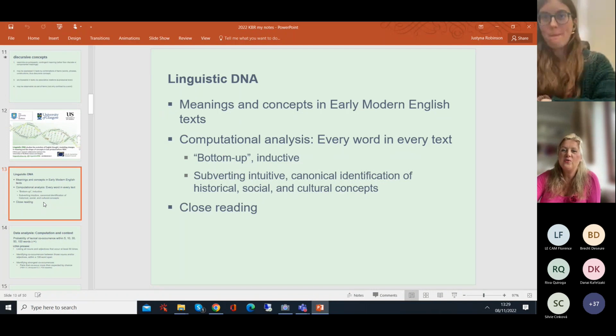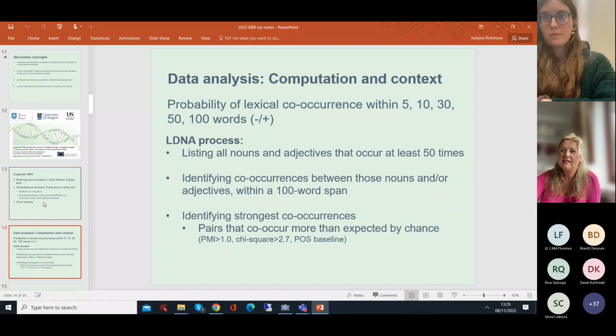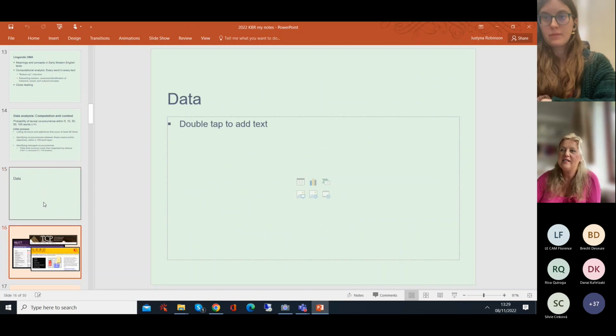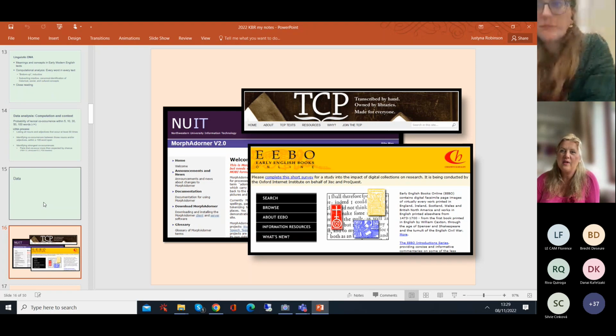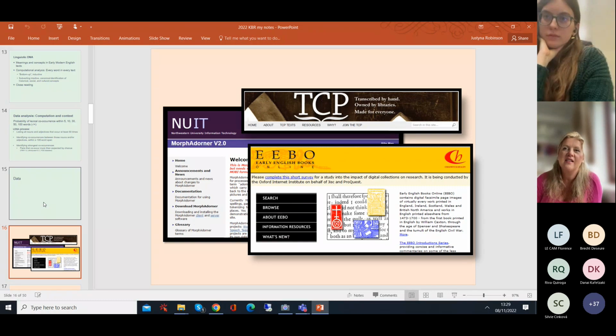In order to explore those concepts, we looked at EEBO-TCP. So we have a significant amount of texts, 55,000 texts across several centuries. Before we could do any computational analysis, those texts needed to be tidied in terms of spelling variation.